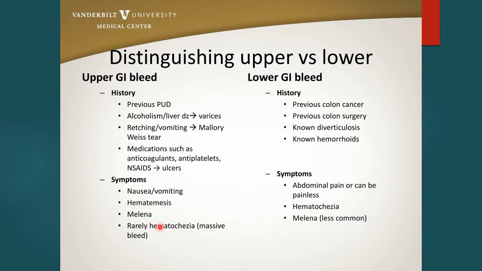Hematochezia, or fresh PR bleeding, is rare in upper GI bleed unless the bleeding is massive. Whereas symptoms of lower GI bleed are usually abdominal pain, or painless passing of blood, hematochezia, passing of fresh blood per rectum, and melena, which can occur but is less common in lower GI bleed.